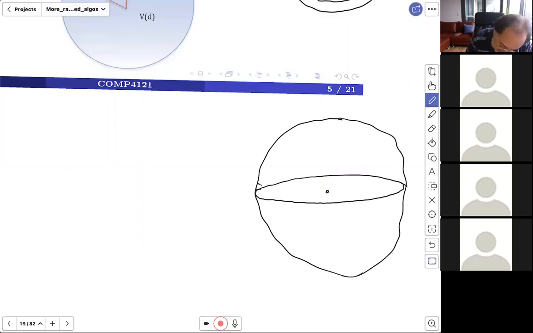Then you take a plane, and parallel with this plane, another plane on top, and parallel with this plane, another on the bottom. And then you look at the part of the sphere that is between these two planes.